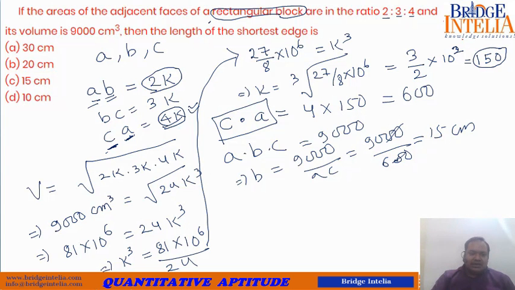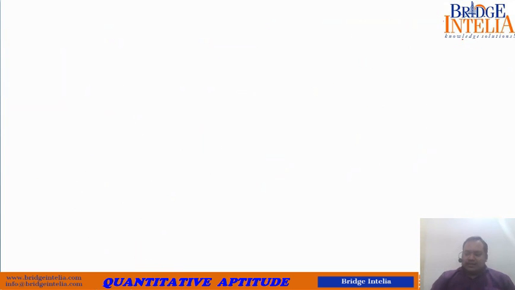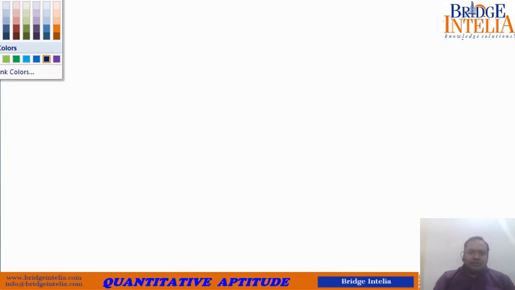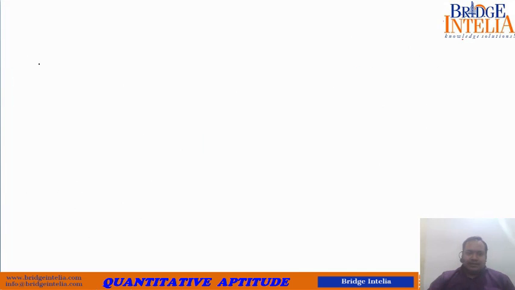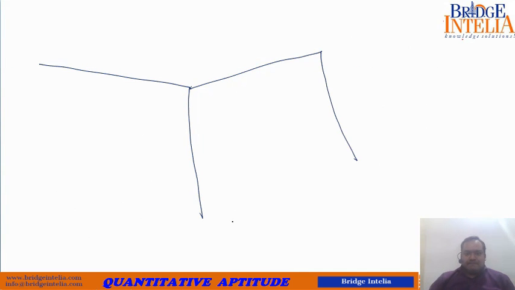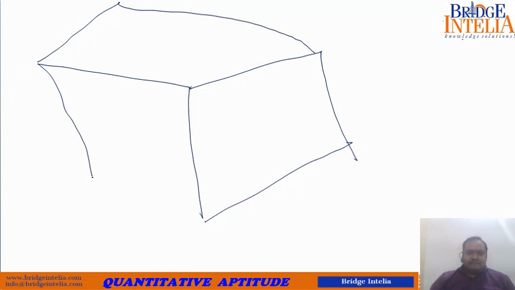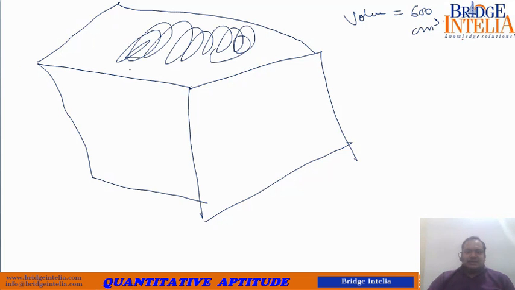You can understand it in another way as well. Suppose you know about the volume of the cube. Suppose the volume of this cube is 600 cubic centimeter and the area of this surface is, let's suppose, 60 centimeters square.